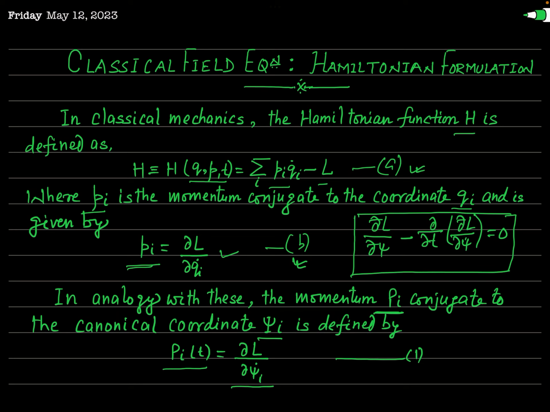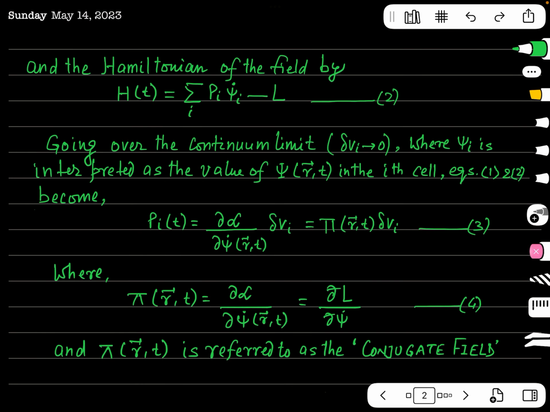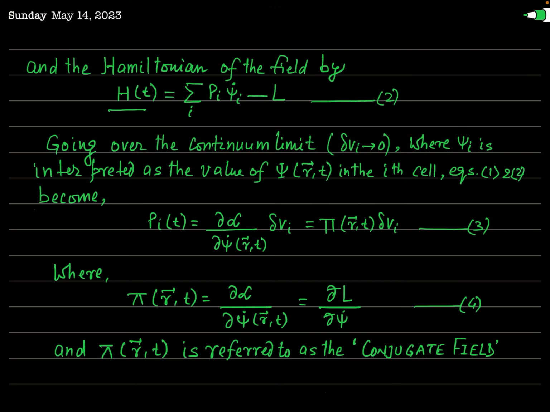Instead of the small p_i we write the capital Pi, and q_i dot is replaced by psi_i dot. So with the analogy of equation A, the Hamiltonian of the field H of t is defined as the summation over i of Pi_i psi_i dot minus L. Here L is the Lagrangian of the field.